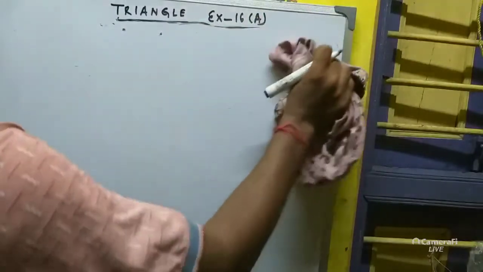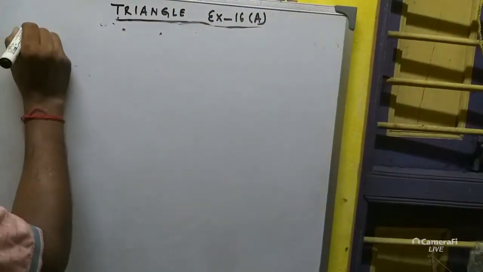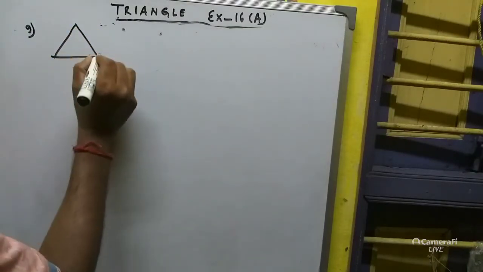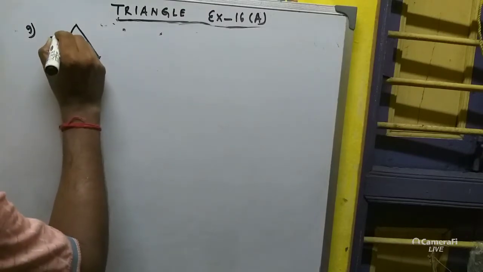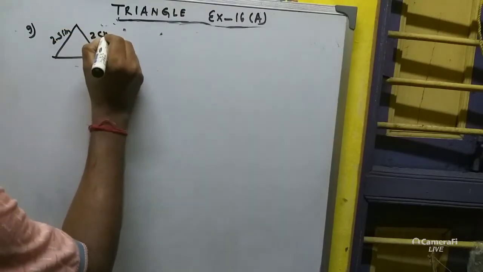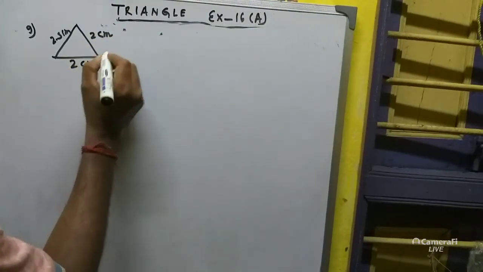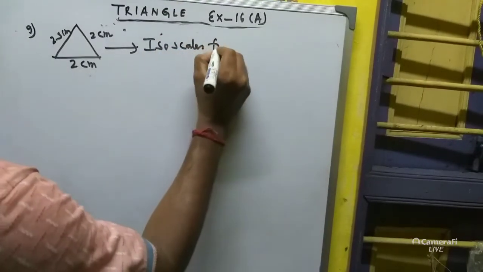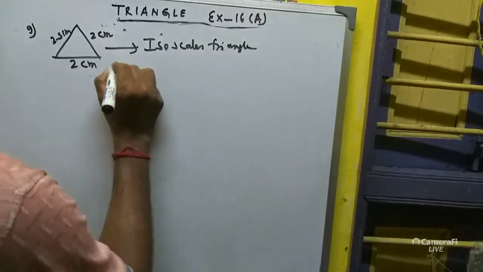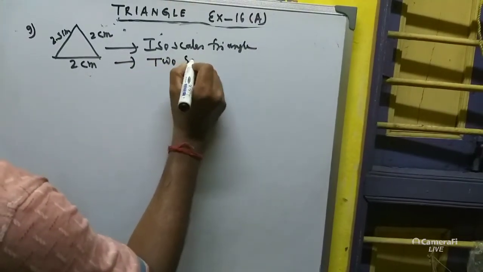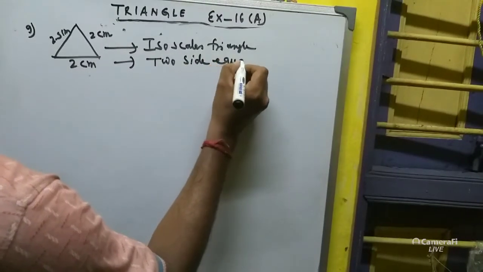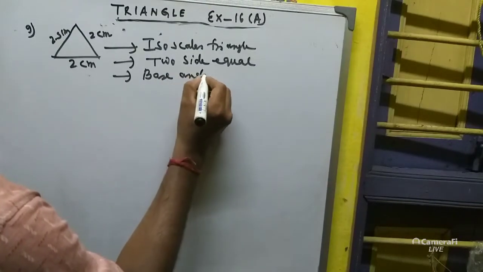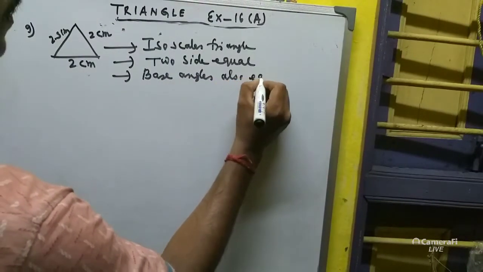Next, I will do math number 9. There are many triangles given. According to sides, you can say what type of triangles they are. This is 2.3 centimeter, this is 2 centimeter, and this is 2 centimeter. So this is called an isosceles triangle. Two sides equal, base angles also equal.